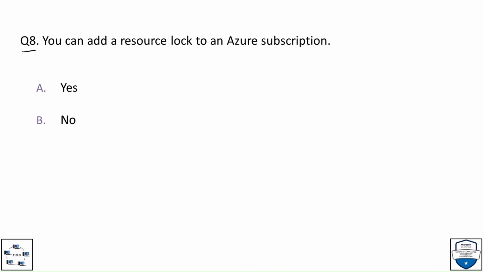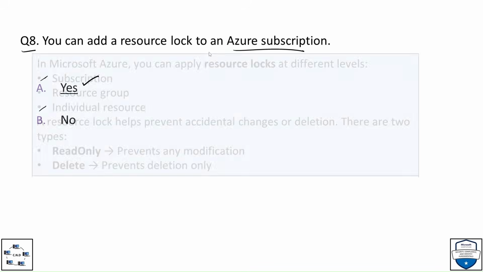Question number 8, you can add a resource lock to an Azure subscription. And the options are option A, yes, and option B, no. And the correct option is option A, yes. So you can add a resource lock to an Azure subscription.